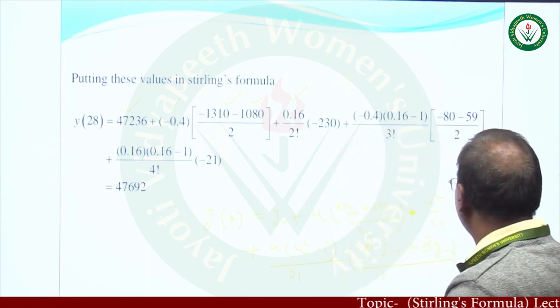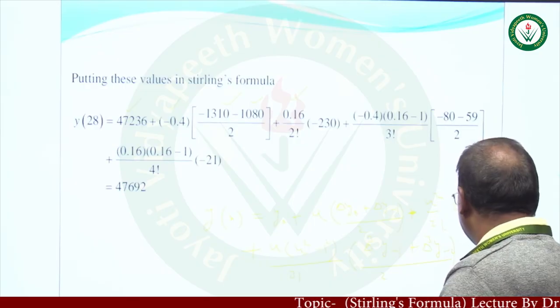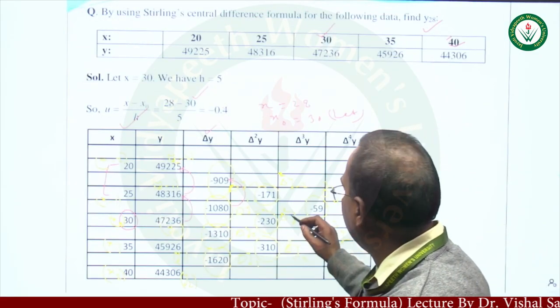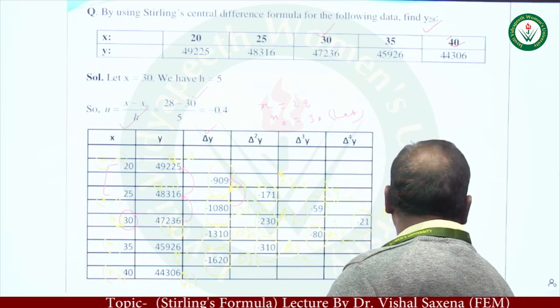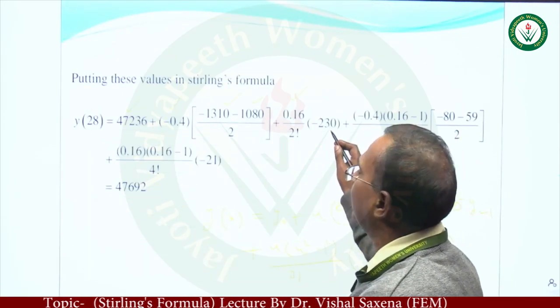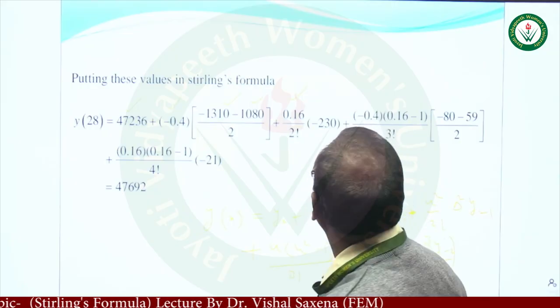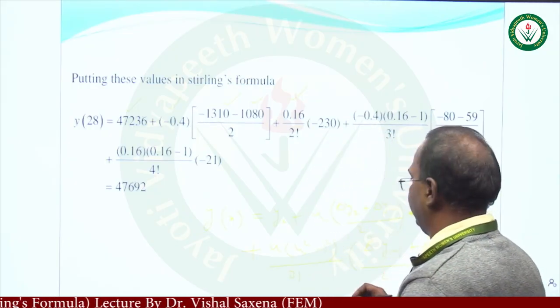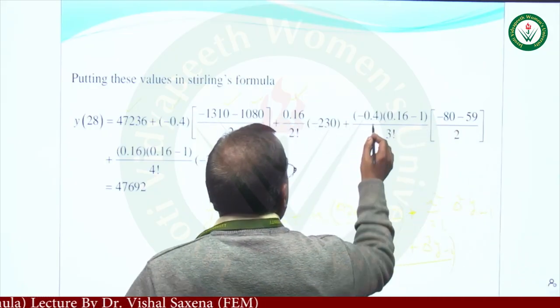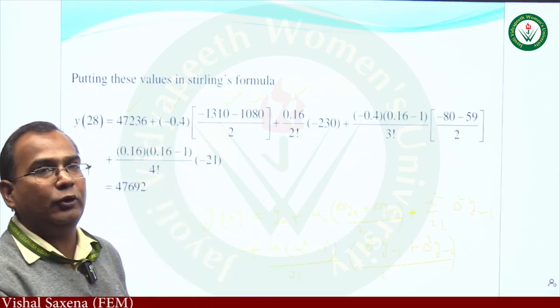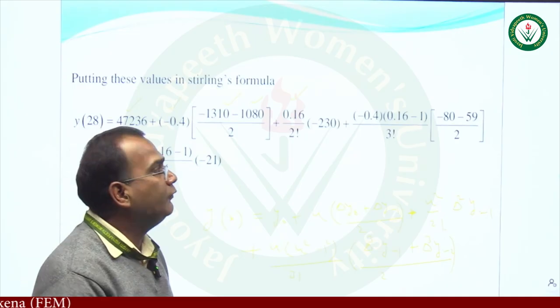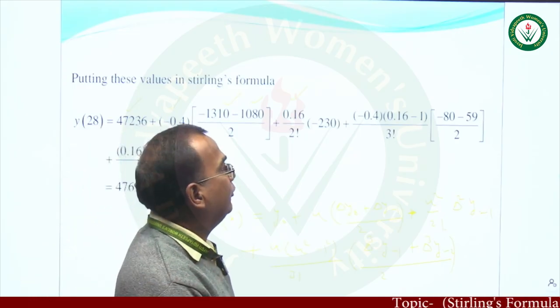Look at this one here, del square y minus 1 is coming there, and we have seen in this table del square y minus 1 is minus 230. And then what is the next term here? u into u square minus 1. u is minus 0.4, u square is 0.16, minus 1 upon factorial 3.